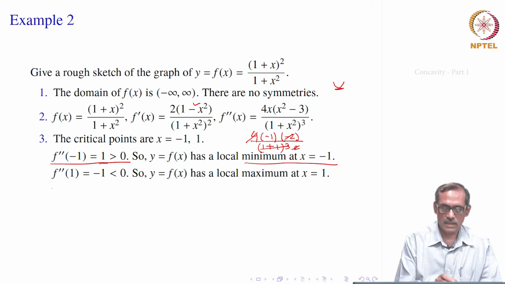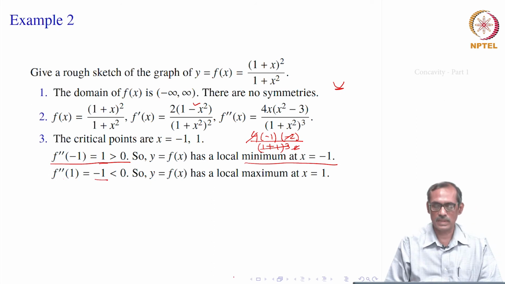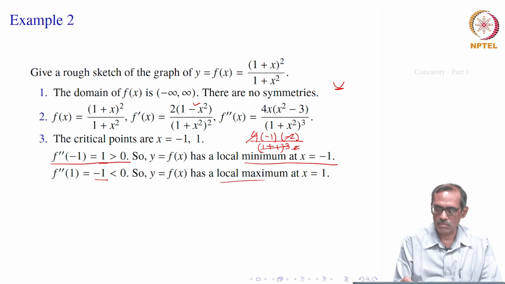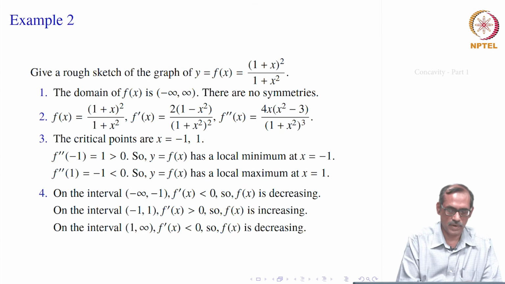Fine. Then f double prime at 1, because 1 is another critical point. So, we evaluate at 1, that gives minus 1, because this minus will be staying, 1 minus 3. So, it is f double prime 1 equal to minus 1, it is less than 0. Therefore, it has a local maximum at x equal to 1. So, this is about the extreme points.